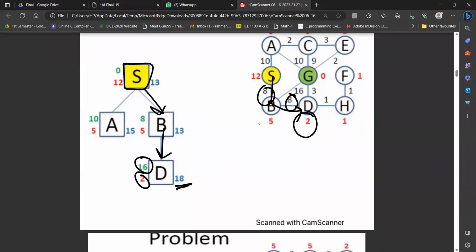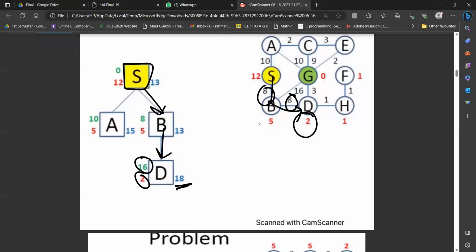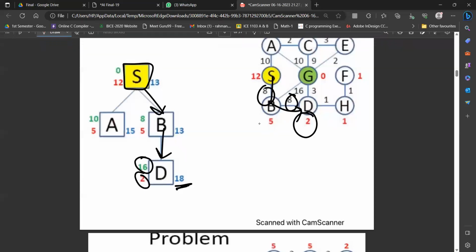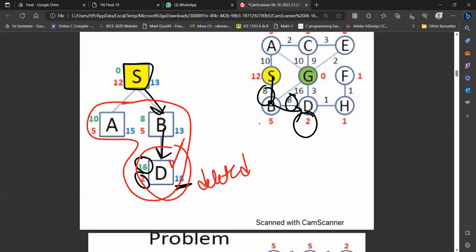Now, since the maximum number of nodes is 4, we cannot add more nodes unless one node is deleted. So among these 3, the one which has the highest F value is D, right? So D should be deleted. When you're deleting a node, the parent always remembers that node.